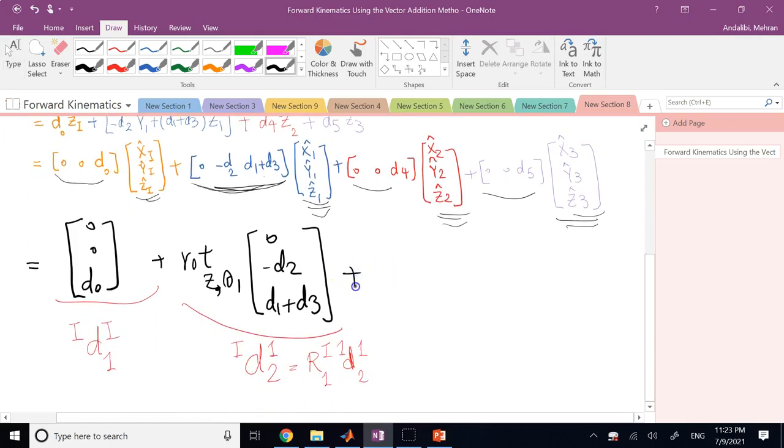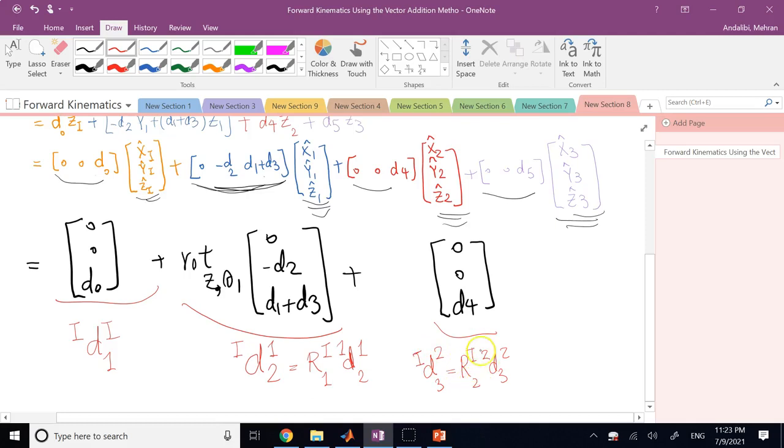So here I need to multiply this 0, 0, d4, which is d of 3 with respect to 2 in 2, by a proper rotation matrix. If I multiply it by rotation of 2 with respect to I, that gives me d of 3 with respect to 2, but written in I.